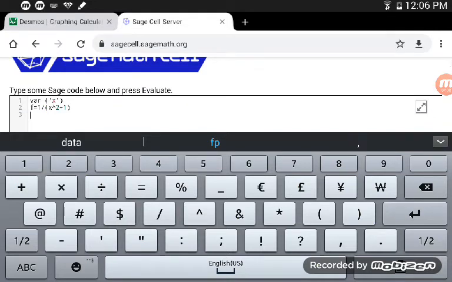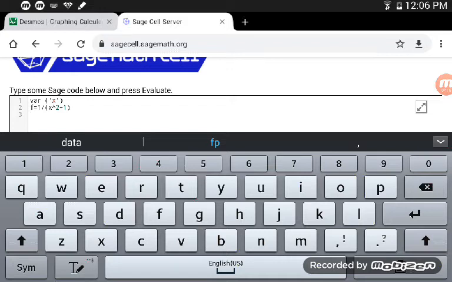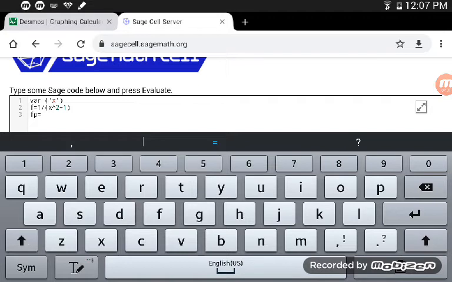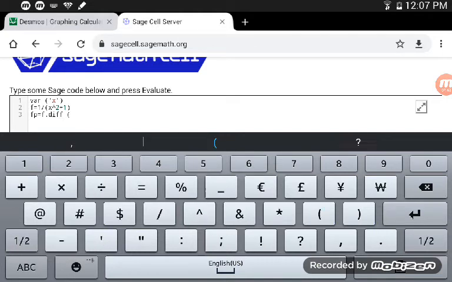Hit enter. And now what I'm going to do is define f prime, fp, equal, and we'll try this once to see how well it works here, equal to f dot diff for taking the derivative, so diff, and then open parentheses.